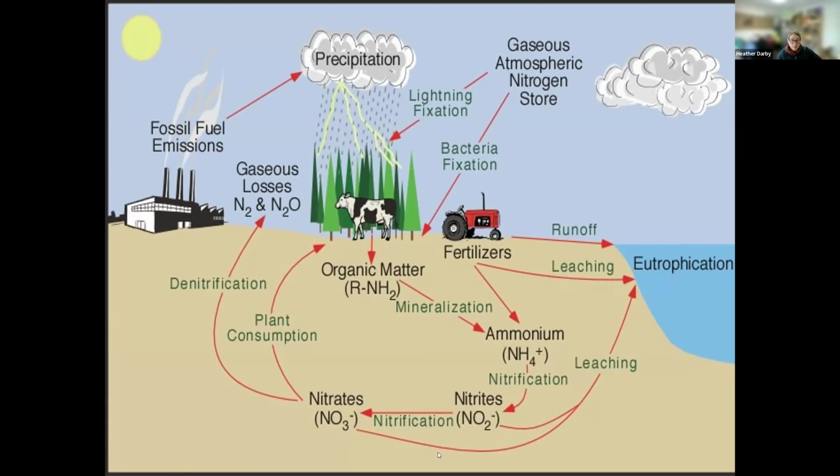The nitrates themselves hopefully will be taken up by the plants, which is why we want to always have some kind of plant roots growing, or it can also be lost through denitrification or into the groundwater like we talked about. So again, all of this is biology at work.